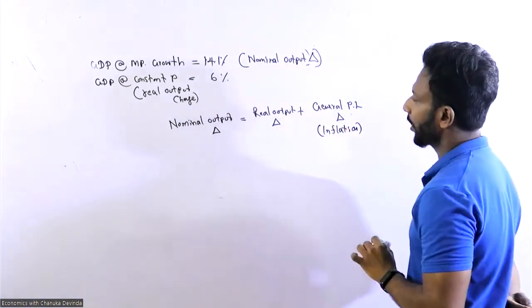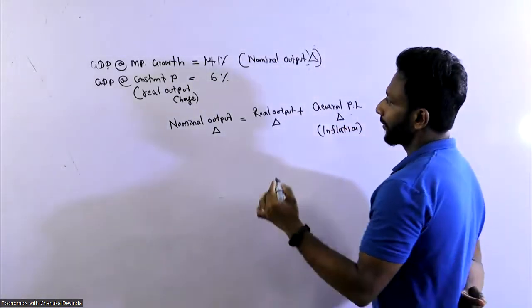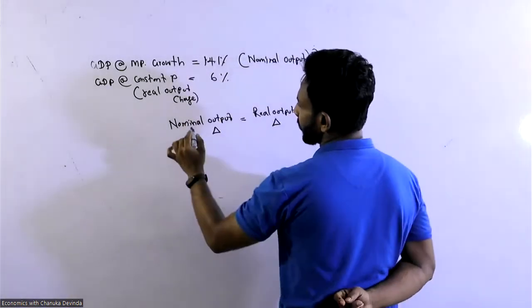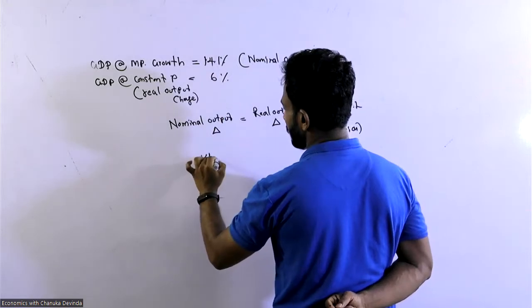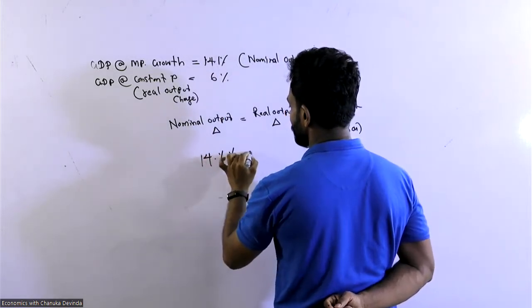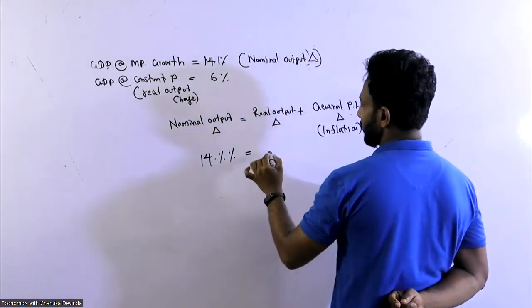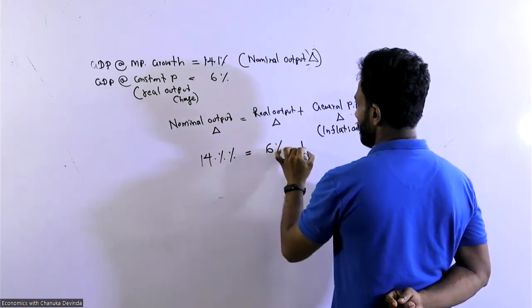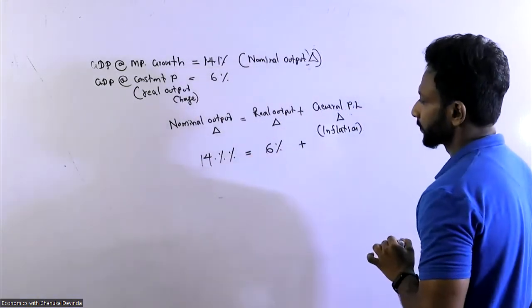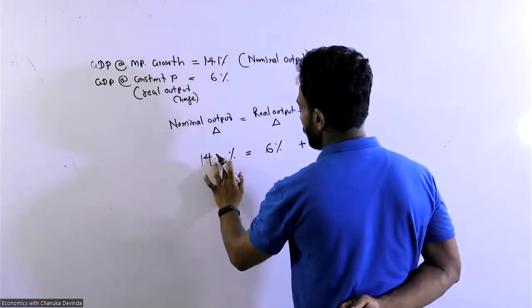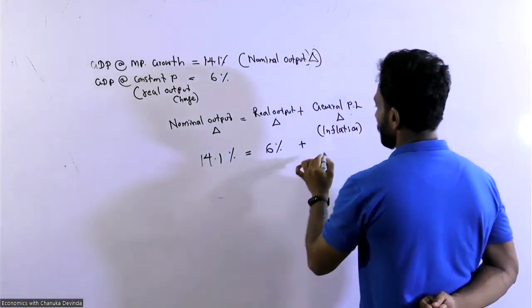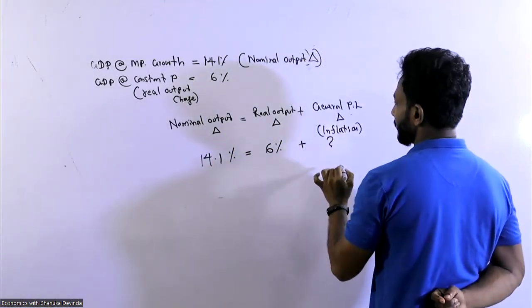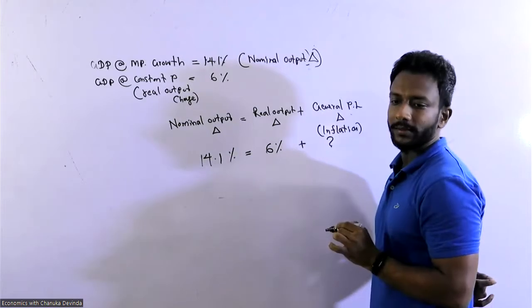So now we'll substitute the values. Nominal GDP is 14.1%, equal to real GDP 6% plus the blank, which is the general price increment, right?